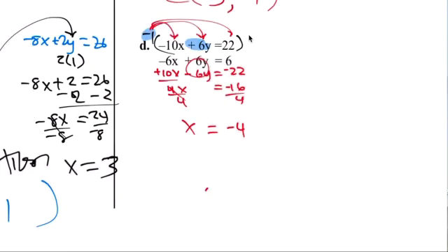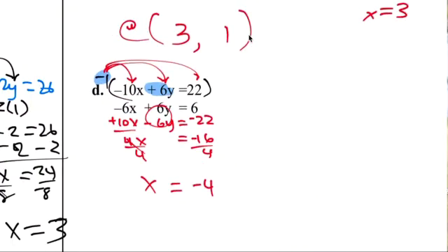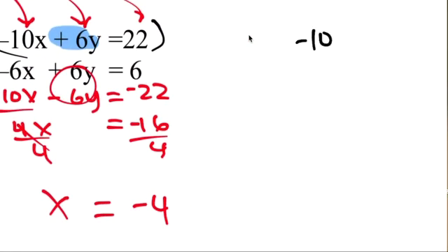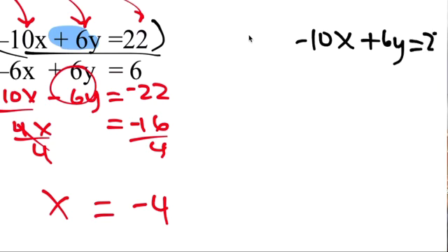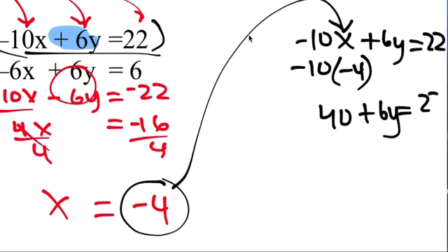So x is the first one, and we need to find the second one. Let's see which one you want to save. It doesn't matter, so just negative 10x, top one, plus 6y equals 22. Take this, put it into x, so negative 10 times negative 4, you get positive 40, plus the 6y equals 22.